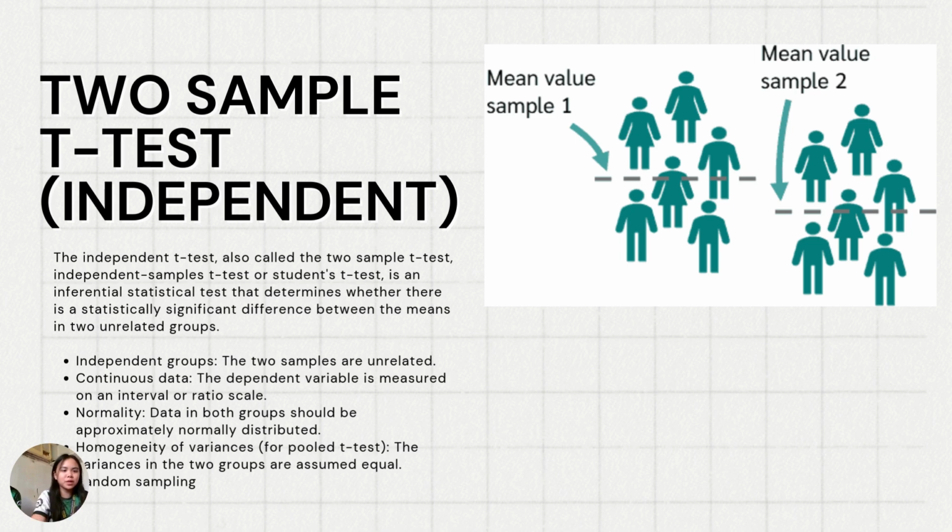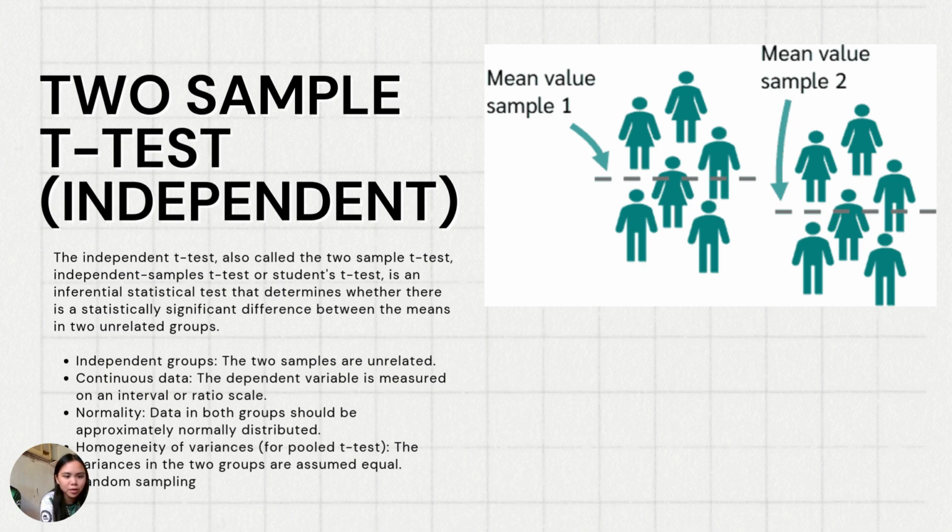Number two, the two sample test, or independent sample t-test, also called the student t-test, is an inferential statistical test that determines whether there is a statistically significant difference between the means of two unrelated groups. Independent groups: the two samples are unrelated.